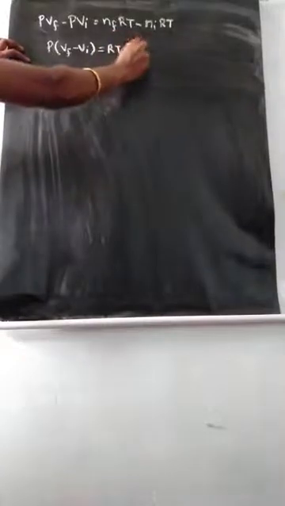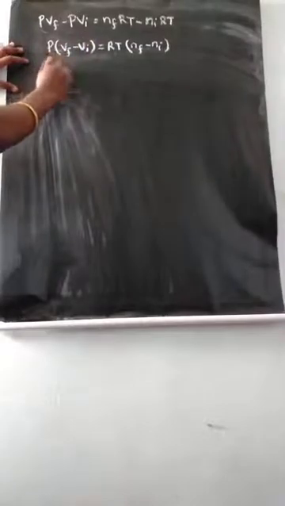See this equation. You can take the pressure outside: P into (Vf minus Vi) equals, and there also you can take RT outside, RT of (Nf minus Ni).